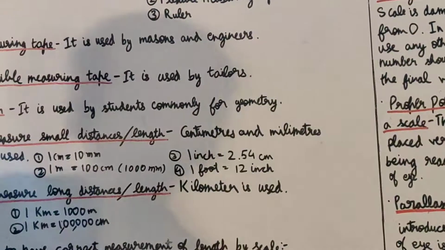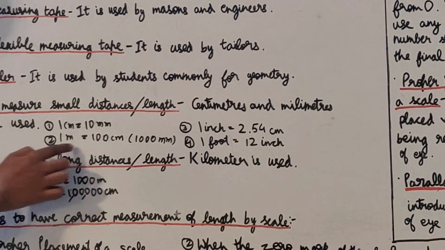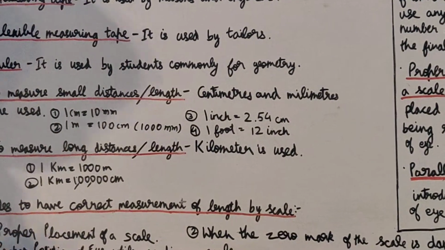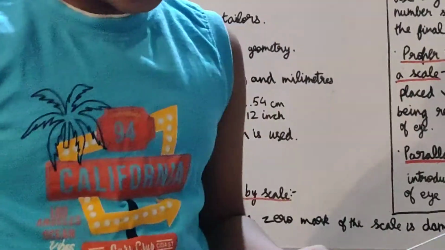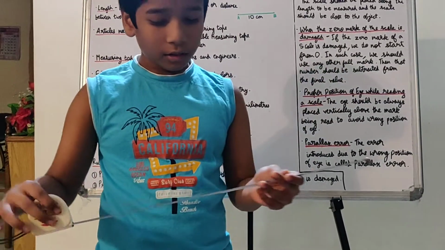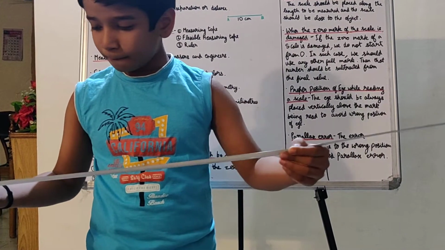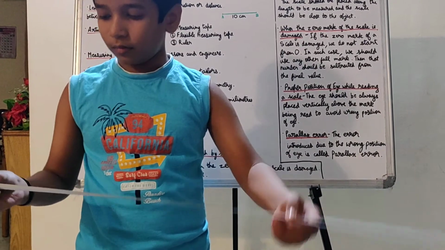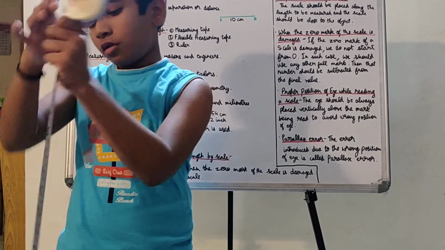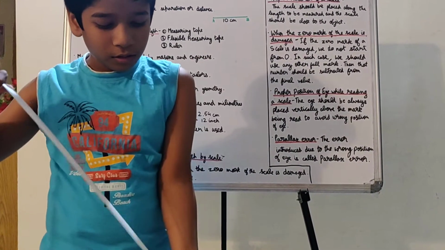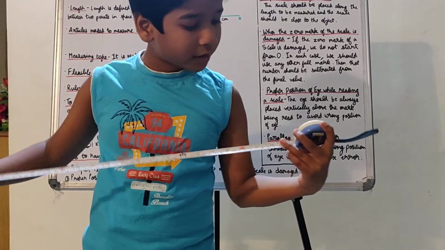Then 1 meter is equal to 100 centimeters. I will show you: this is 100 centimeters.